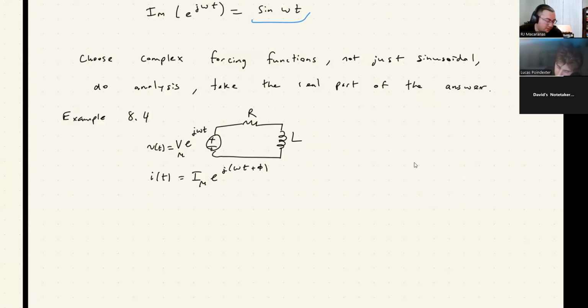So the current will have some phase angle associated with it, which they've denoted as phi. We'll crank through the analysis again, just doing our KVL around that loop. So we've got V sub m e to the j omega t.